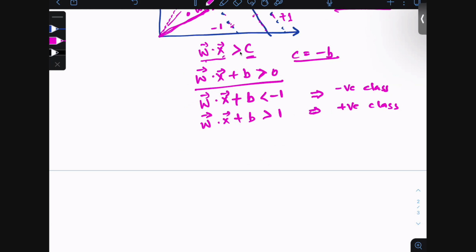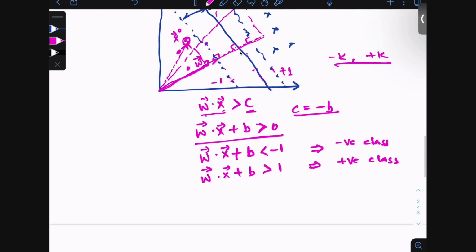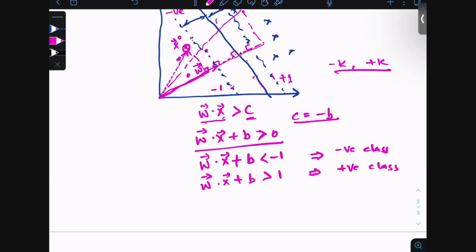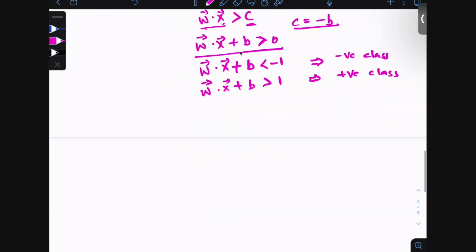Okay, now if we have the points on these support vectors, what will be the equation for that? Let's say we have 2 points, x negative and x positive, and these are my support vectors. So what will my equation look like?